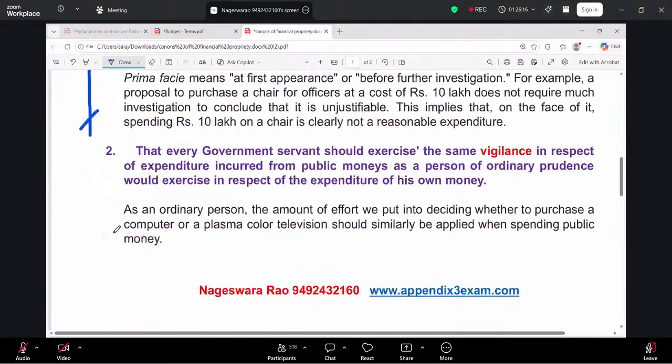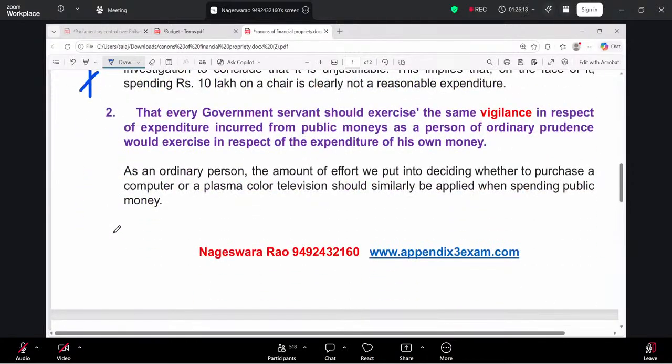Okay. And whatever care you take while spending your own money. Suppose you are purchasing a color TV, how much care are you taking? You are referring to a lot of websites and comparing, going through features of the latest color TVs, and checking with your friends, colleagues, relatives, your brothers, sisters.